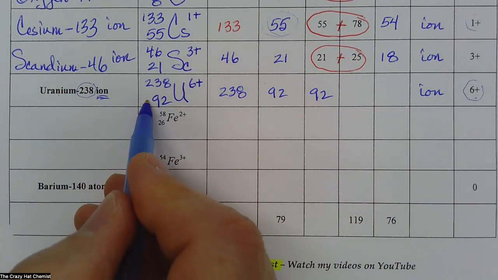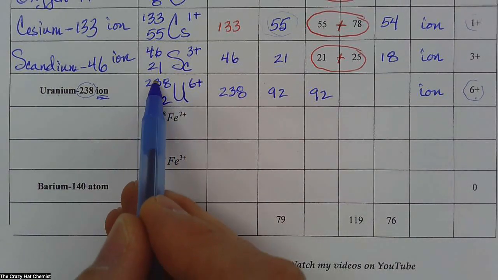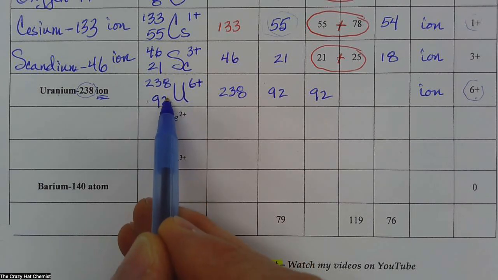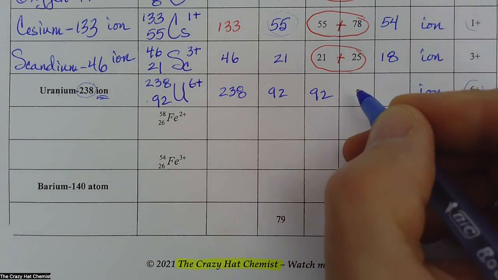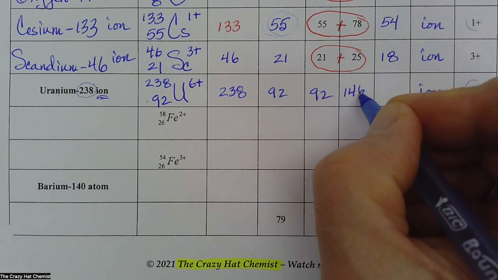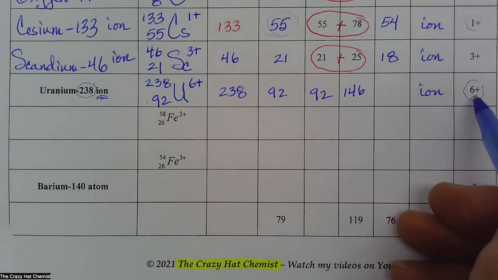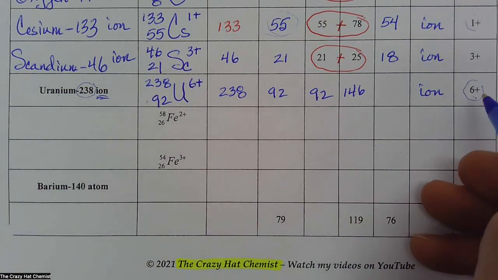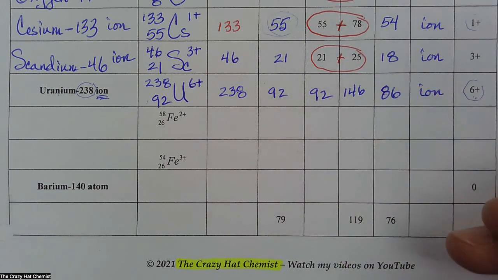We're going to take the difference between that 238 and that 92, that is the atomic mass minus the atomic number. I'm going to get 146 for the number of neutrons. I'm going to take the 92 and I'm going to subtract 6. So that means that I will have 86 electrons.